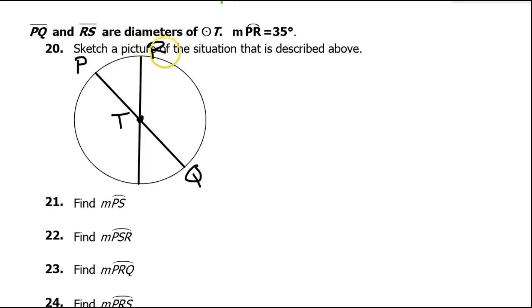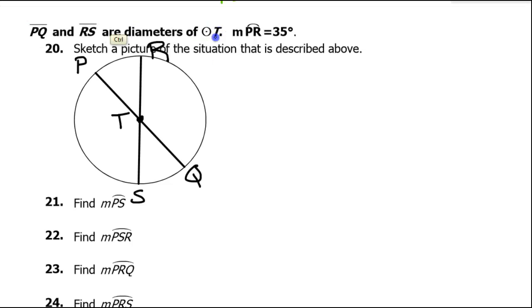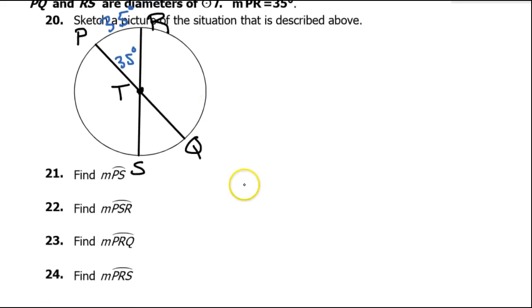Okay, so this is R and S. Okay, arc PR is 35 degrees. So that means this is 35 degrees, which means this central angle is also 35 degrees. Great, so there's our picture.